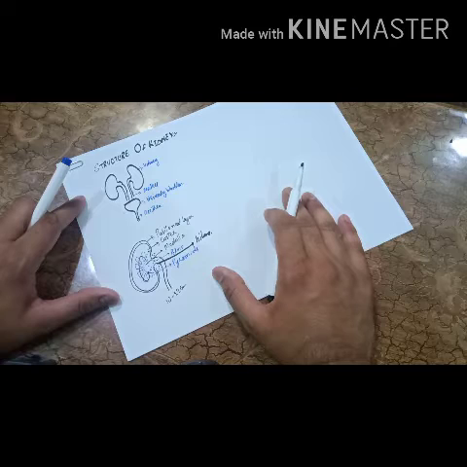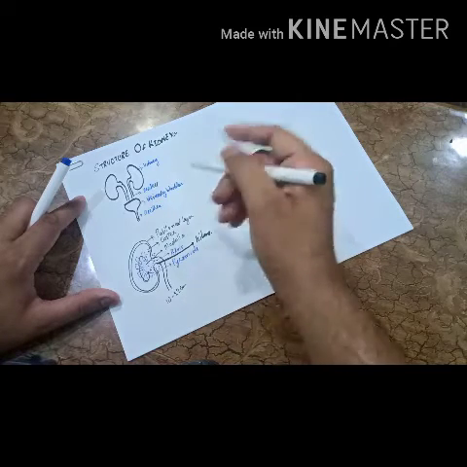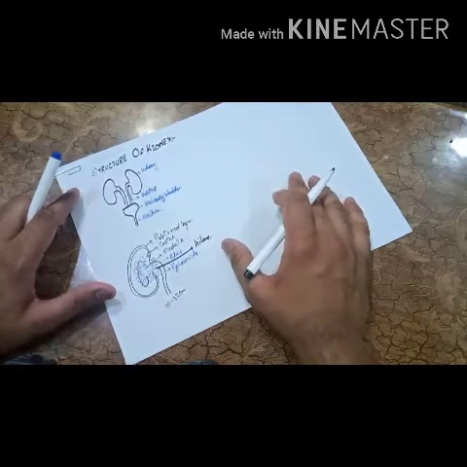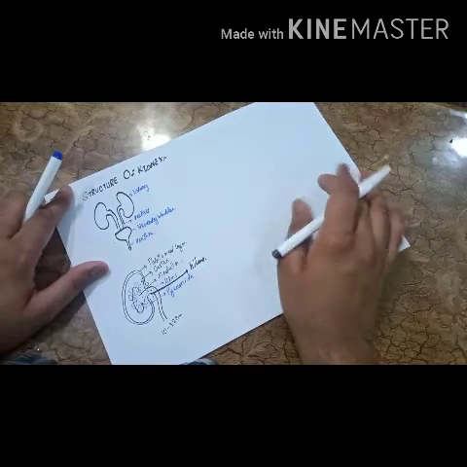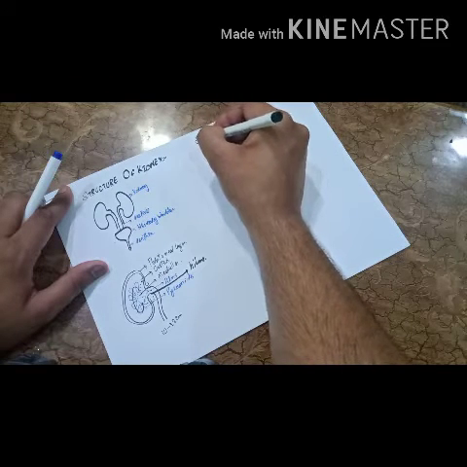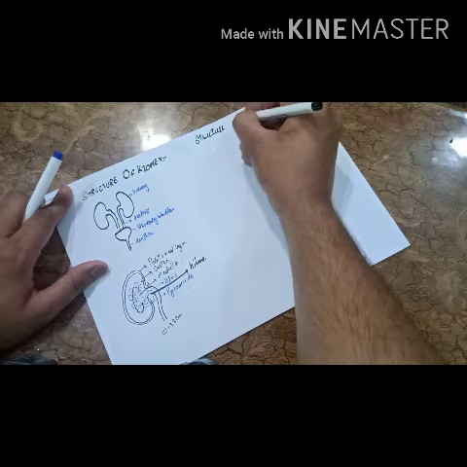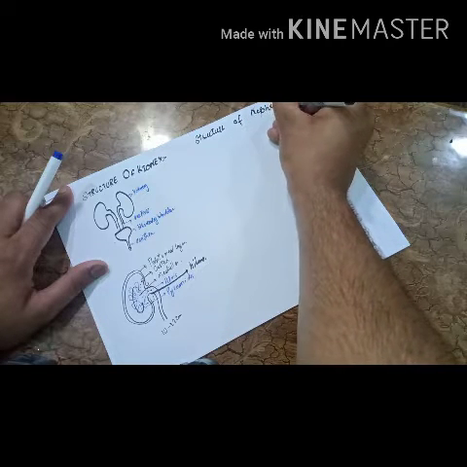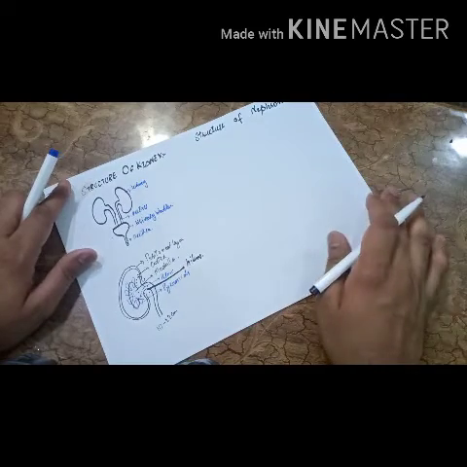So we will continue this lecture with the structure of the nephron, which is the basic functional unit of the kidney. Here is the structure of the nephron.